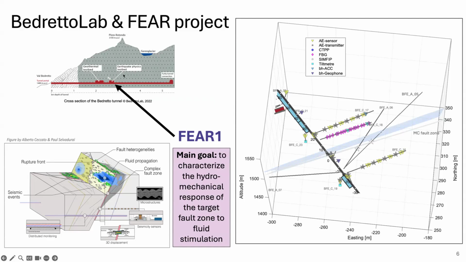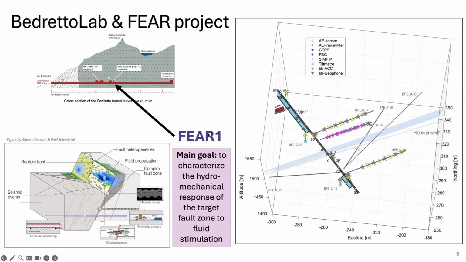Okay, yes, thanks. So the FEAR 1 experiment was completed in December last year, and it took place in what we call the earthquake physics testbed. Here you have a scheme of the experimental setup.